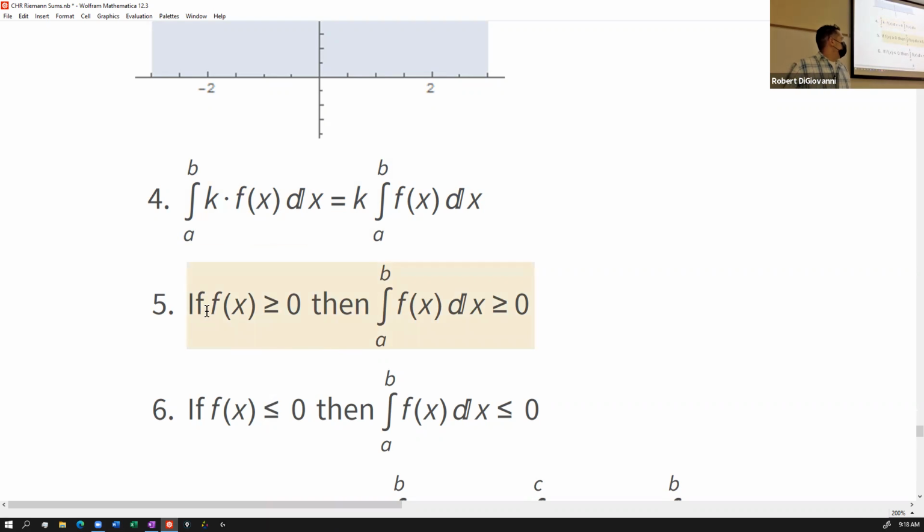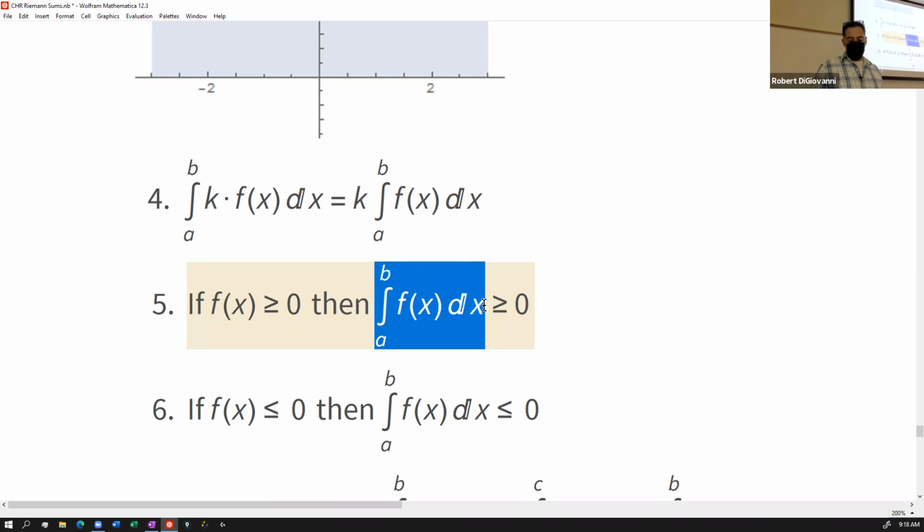Property 5, this again, I think is pretty intuitive. If your function's greater than or equal to 0, that means the graph of your function is above the x-axis. Now it can be on the x-axis, but as long as it's above and it never goes below the x-axis, then the area underneath the curve has to be a positive number.